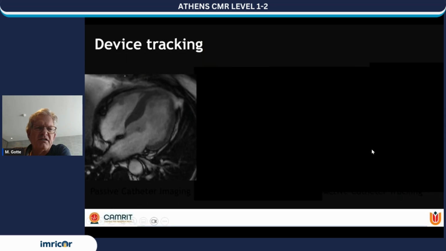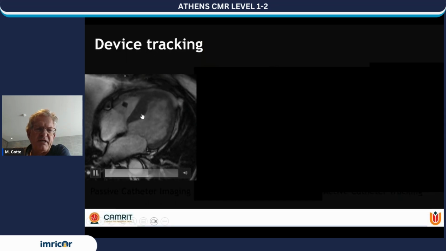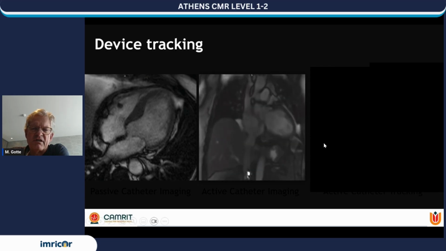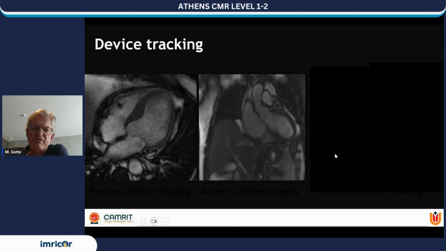So to summarize, device tracking can be done passively based on intrinsic properties of the device itself. Easy. I would recommend start doing this tomorrow, since you need to train your team to be prepared for doing more complex procedures. You can continue with active catheter imaging. It requires additional software which allows you to connect the coils with the scanner.